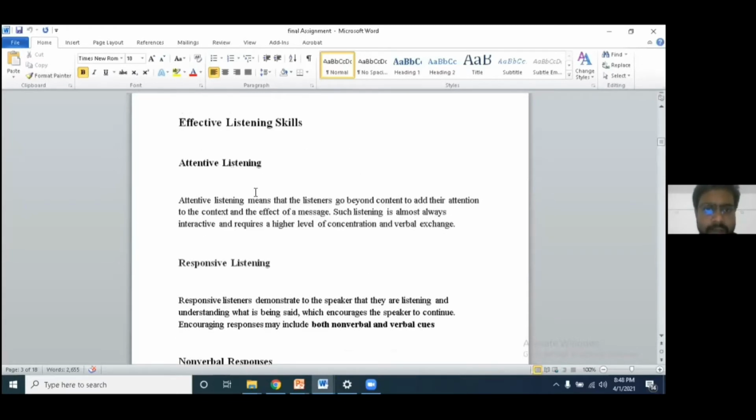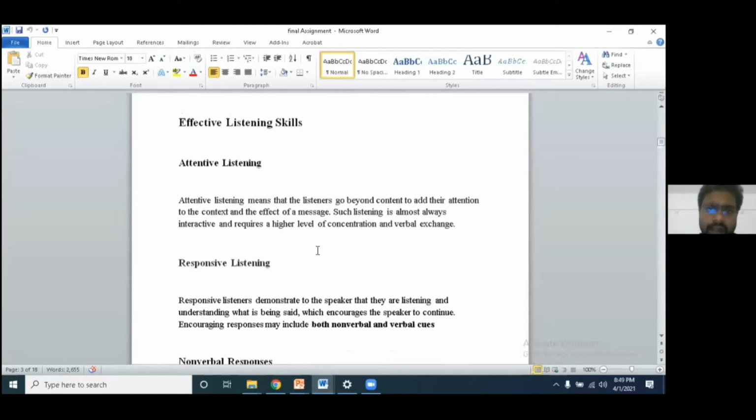So what is attentive listening? Attentive listening means that the listener goes beyond content to add their attention to the context and the effect of a message. Such listening is almost always interactive and requires a higher level of concentration and verbal exchange.